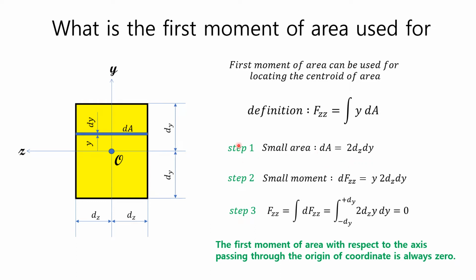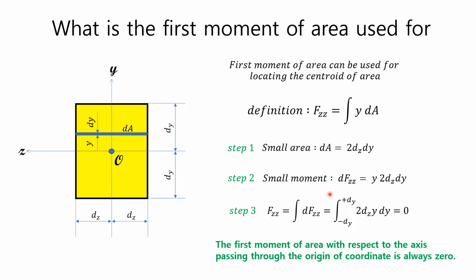This is the first step. The small area is distance y away from the z-axis. Distance y is the moment arm. Therefore, the small moment dFz created by the small area with respect to the z-axis is the product of y and the area, y dz dy. This is the second step.